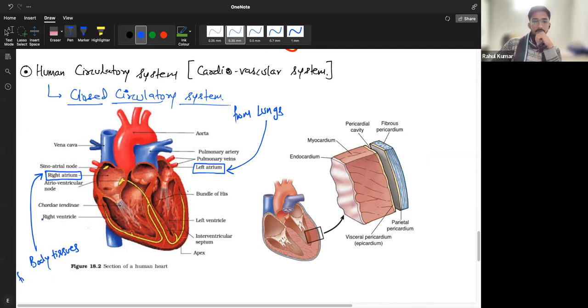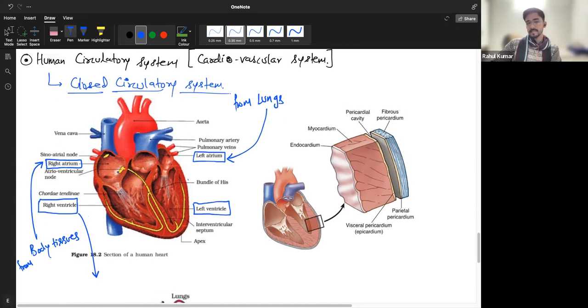Now also let's make it clear, where does right ventricle send blood to and where does left ventricle send blood to? So they both are sending. So where is right ventricle sending blood? See, right atrium is receiving blood, and from this right atrium, blood goes down into the right ventricle.